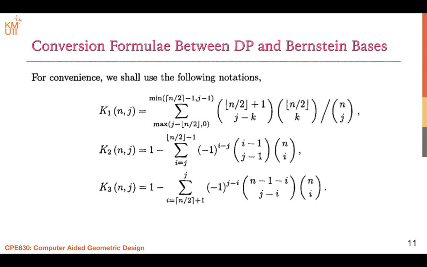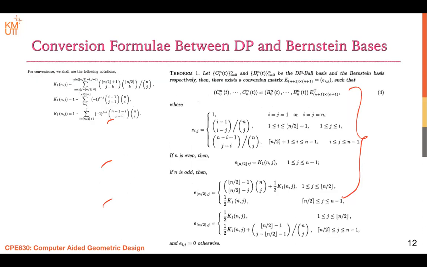First of all, you may have to find these K1, K2, and so on, and it can be written in terms of this formula. I'm not going into detail about this because it will be used later on. In this formula, you can see that this is a theorem in this paper. Let D be the DP-Ball basis and B be the Bernstein basis.